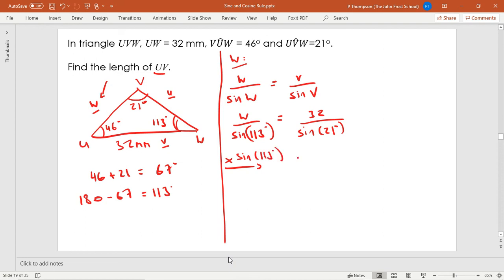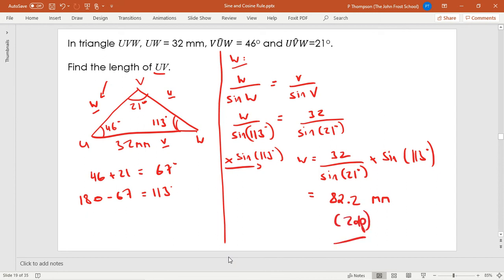All right, so you're going to get w is 32 over sine 21 degrees multiplied by sine 113 degrees. So let's do it. 32 over sine 21, close the bracket, out of the fraction, times sine 113, close bracket, gives me 82.2 millimeters to 2 dp.